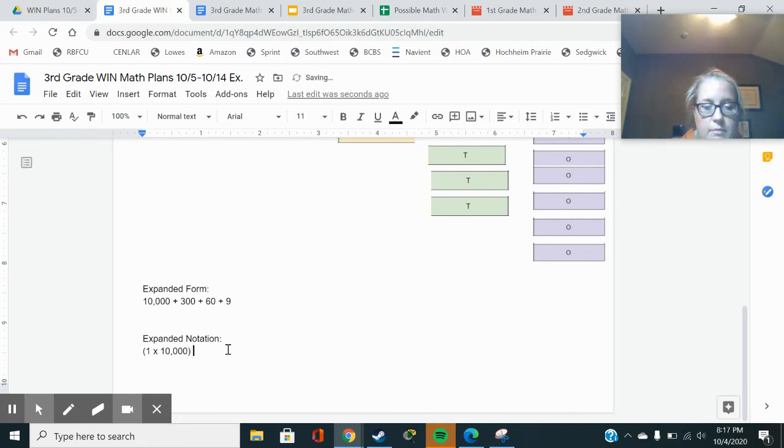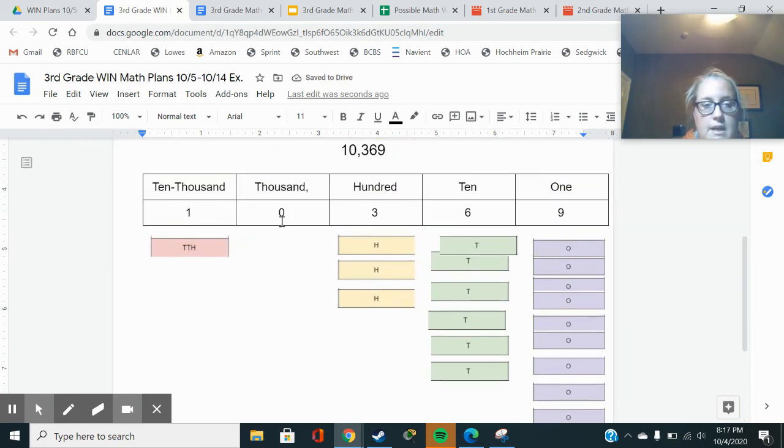Then I'm going to close my parenthesis, put a plus sign, and I'm going to go to the next place. Well, remember for this one, it's tricky. I don't have to use the 1,000. If you wanted to, you could. You could put 0 times 1,000, and that would still give you the same value. You don't have to.